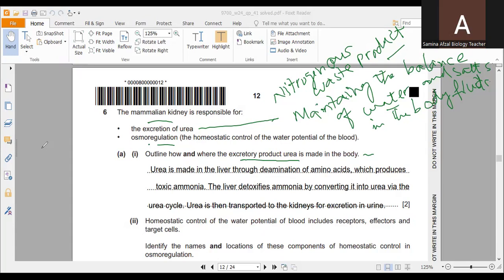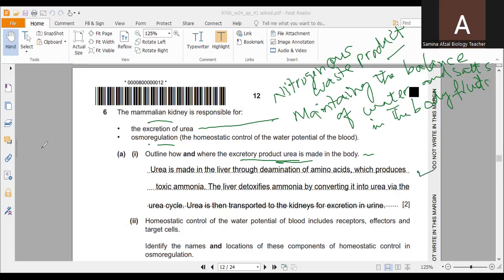How and where? Urea is made in the liver through the deamination of amino acids, which produces toxic ammonia. The liver detoxifies ammonia by converting it into urea by the urea cycle. Urea is then transported to the kidneys for excretion in urine.